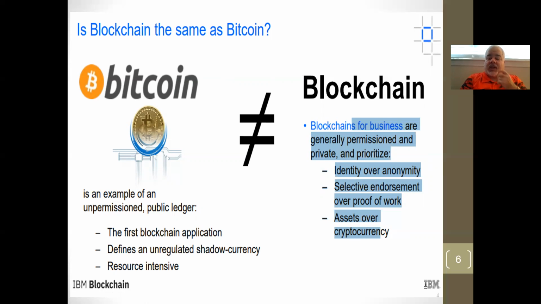It's useless unless you have the keys. So Bitcoin was the first significant blockchain application. It's now quite controversial. There's billions of dollars being transacted, and people have lost millions and made millions.